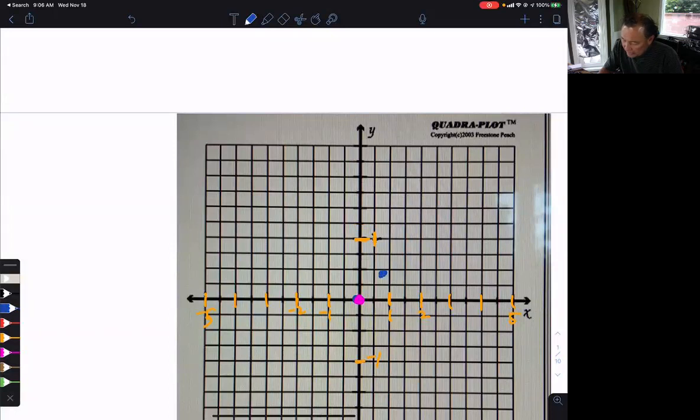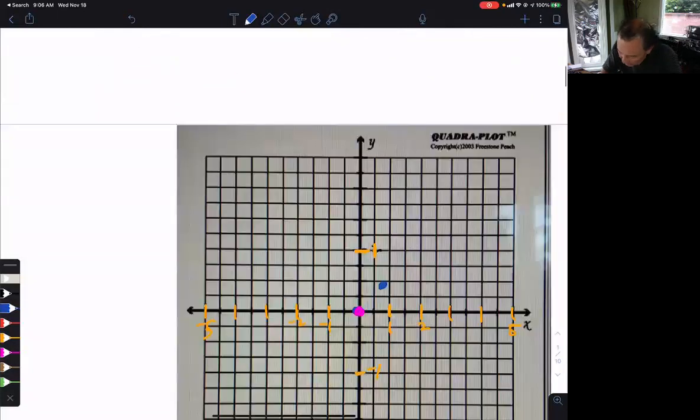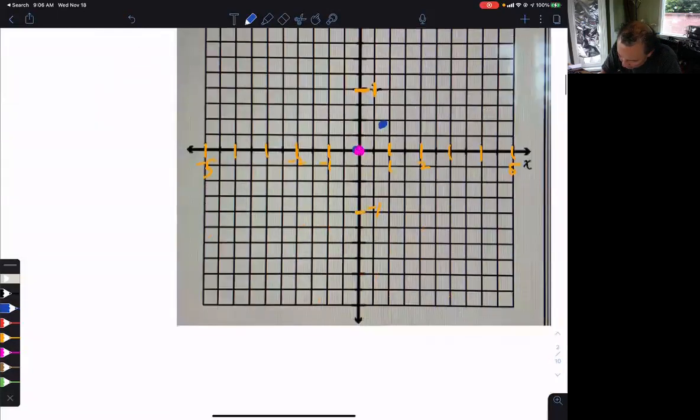And that's going to be a relative max. And then negative 0.7, negative 0.4, that's going to be a relative minimum. It's kind of crazy. Oh, I was going to do this in the purplish fuchsia, those colors.